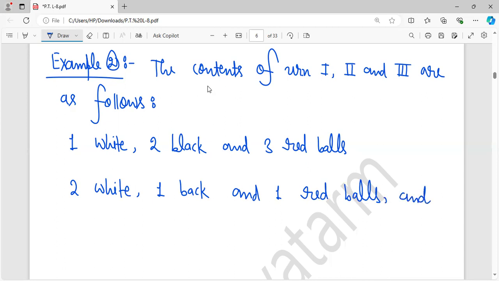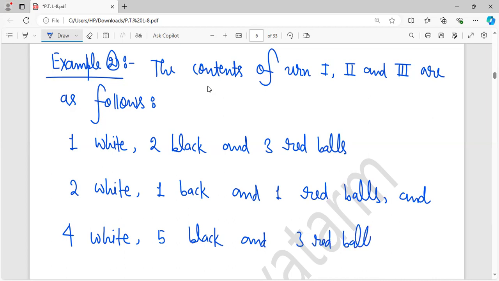And the third urn contains 4 white, 5 black, and 3 red balls.